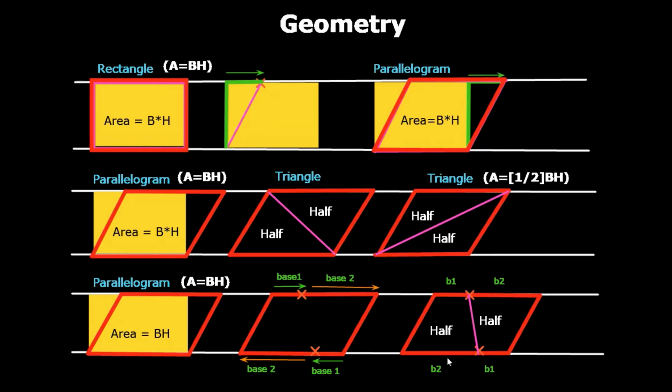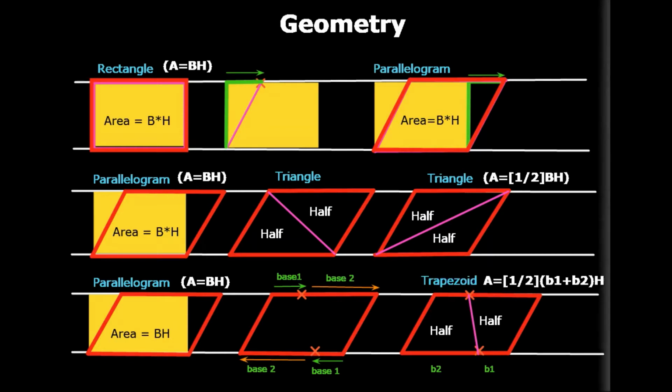But we know that base 1 plus base 2 is the full length because of the way we constructed it. Well, that means that the area of a trapezoid is still a half the base times the height, but the base is expressed as base 1 plus base 2, because they now can be of different measurements. So there you have it.